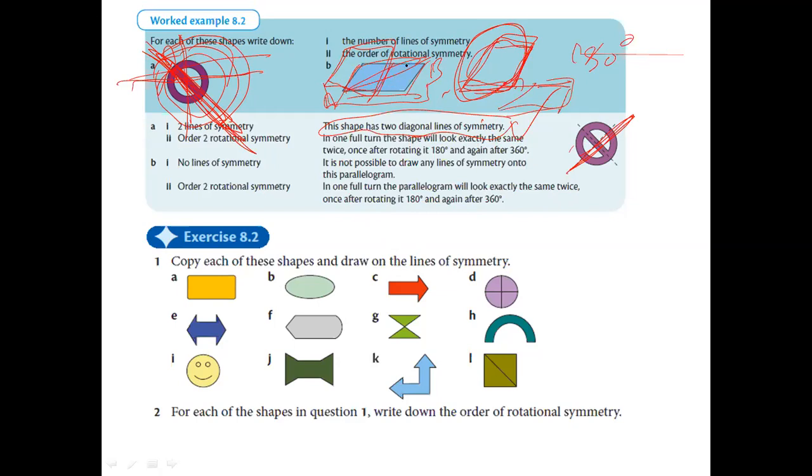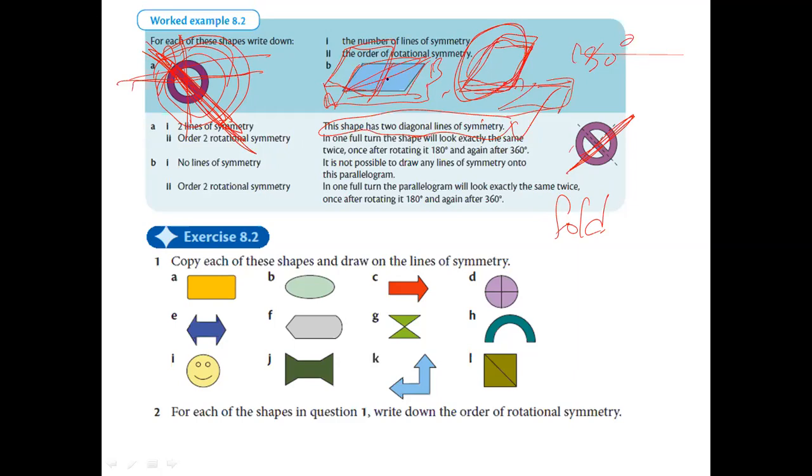When you fold it, for example, fold, please check it in your dictionary, you cannot get a similar shape. And what is the rotational number?